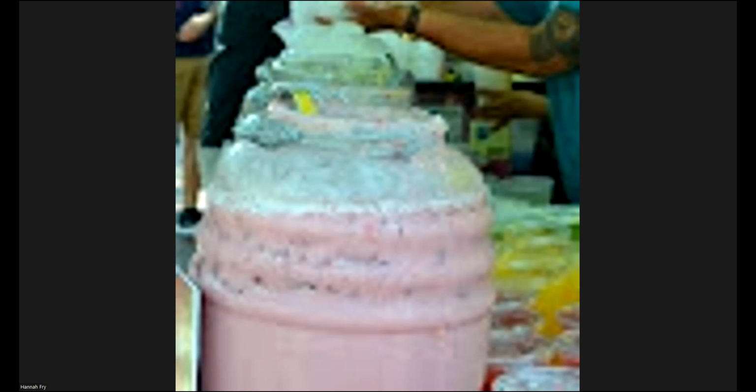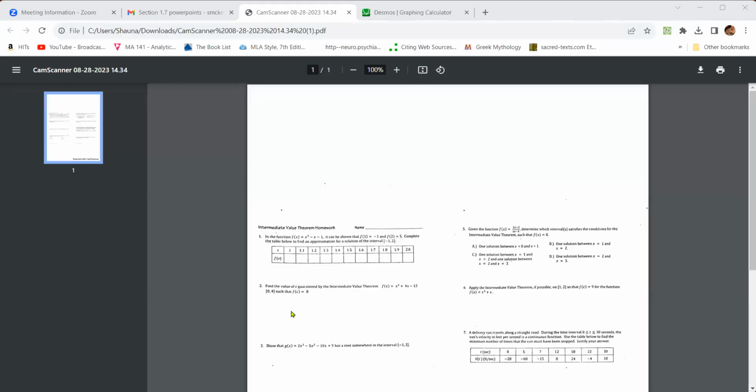Bear with me because I can't minimize when I'm recording, so it's a little bit more keystrokes. In number 2, they gave you an equation here, right? X squared plus 4x minus 13 on the interval from 0 to 4, such that f of c is 8, right?